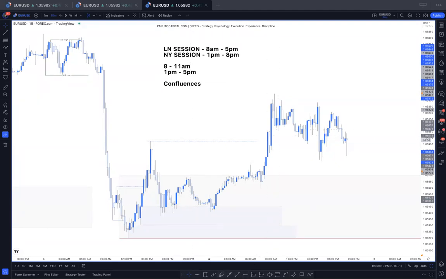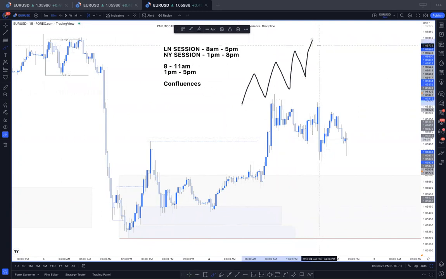One of the things you need to see, number one, is market structure. You must be able to map your market structure effectively. If you can't map market structure, you'll always be caught on the wrong side of the market. So you must be able to map market structure, know whether the market is trending upwards or trending downwards. That is super important for you to understand the bias of the market.